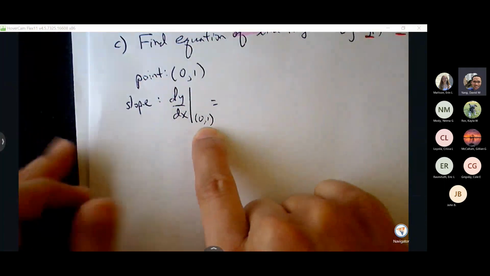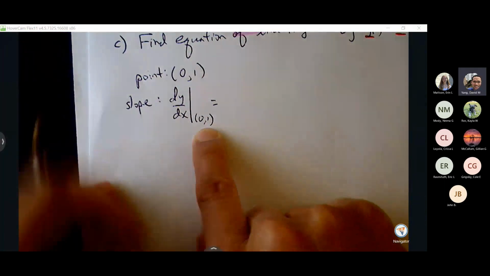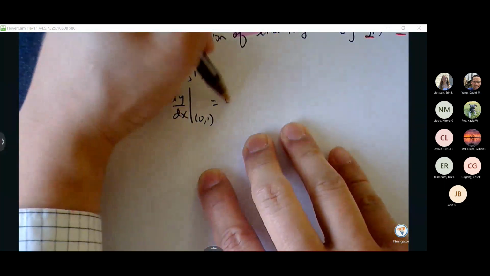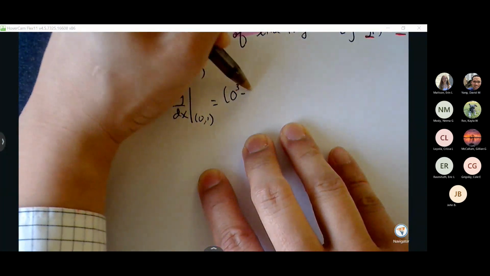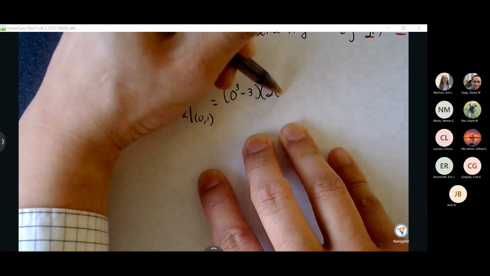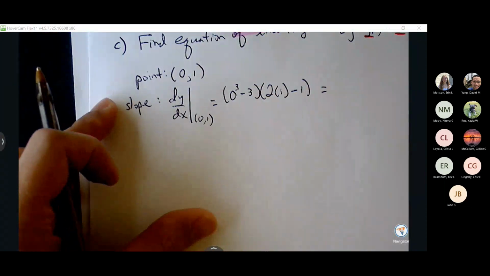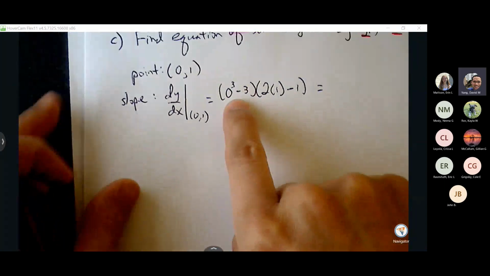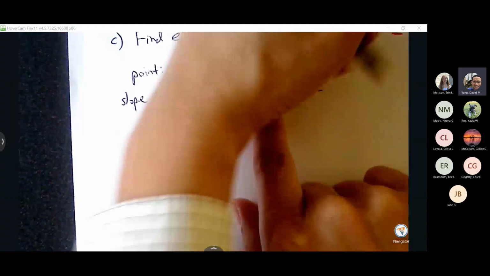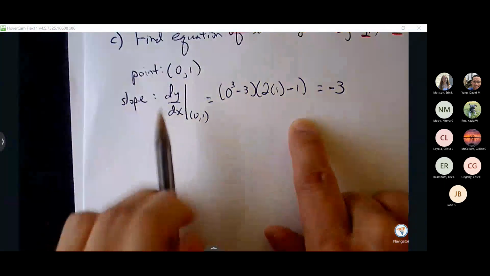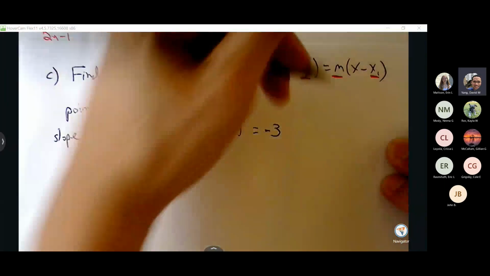This just means I'm about to insert 0 and 1 into my differential equation. So I get -3 here. -3 times 1 is -3. There's my point. There's my slope. So I can do point slope form.